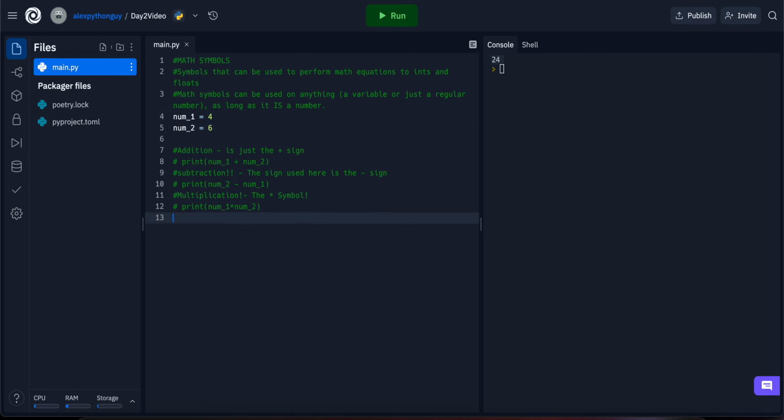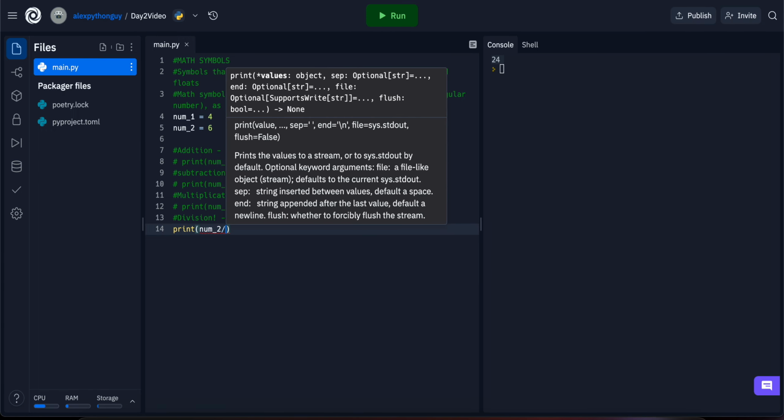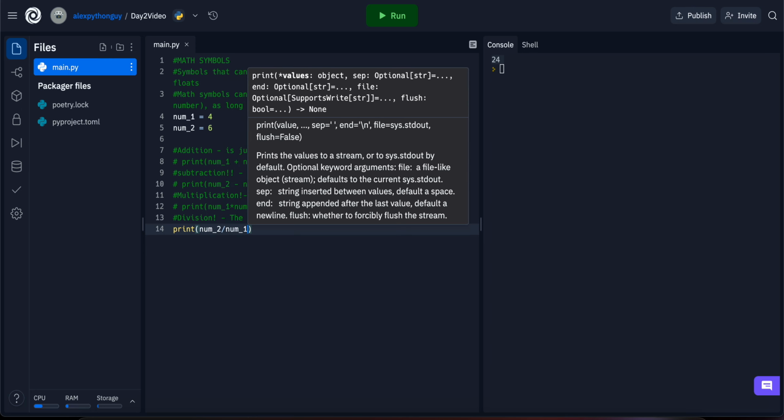Now, let's try division. And that is the slash symbol. So let's print num2 divided by num1.